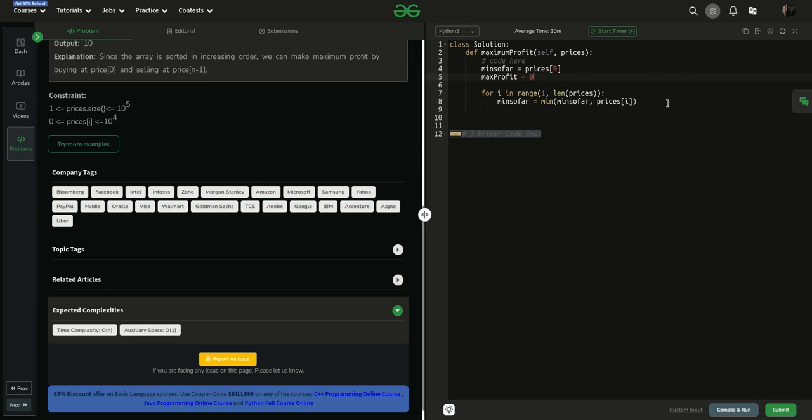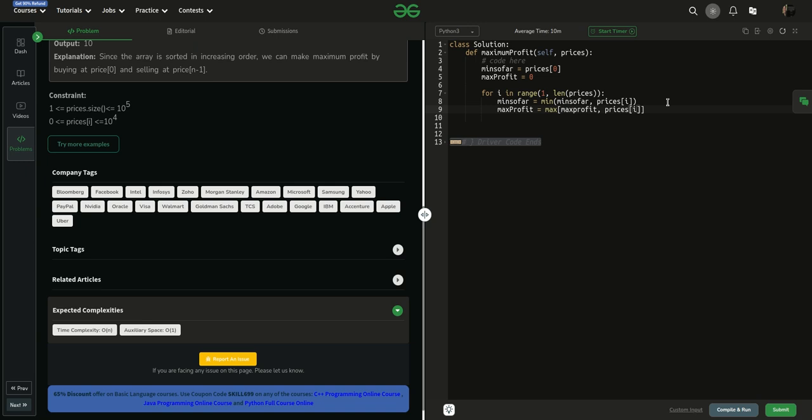So max profit is equal to the maximum of max profit and prices of i minus minimum so far. That means we are searching for the maximum profit.